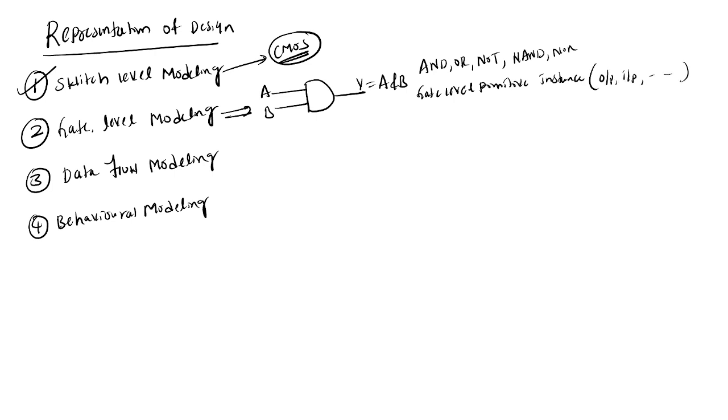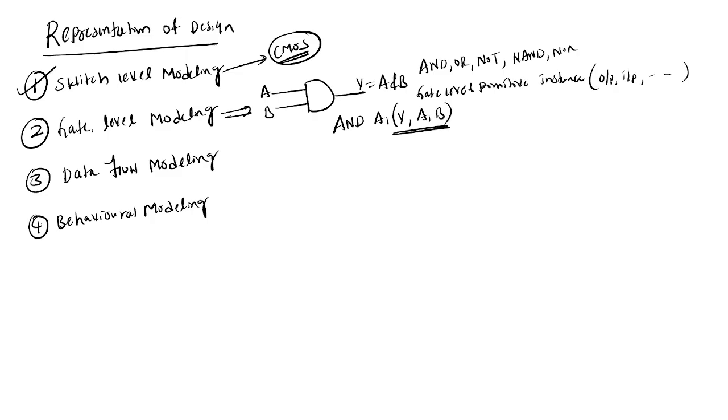Suppose you want to write an AND gate: AND is my gate level primitive, then the instance, and then the output Y comma A comma B. Like this you need to represent.